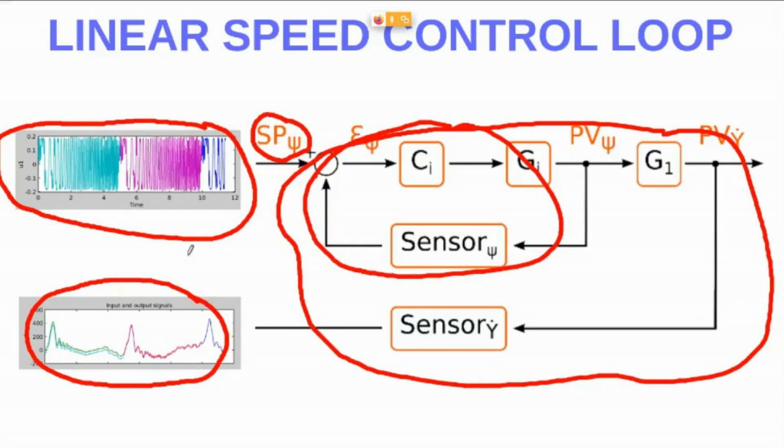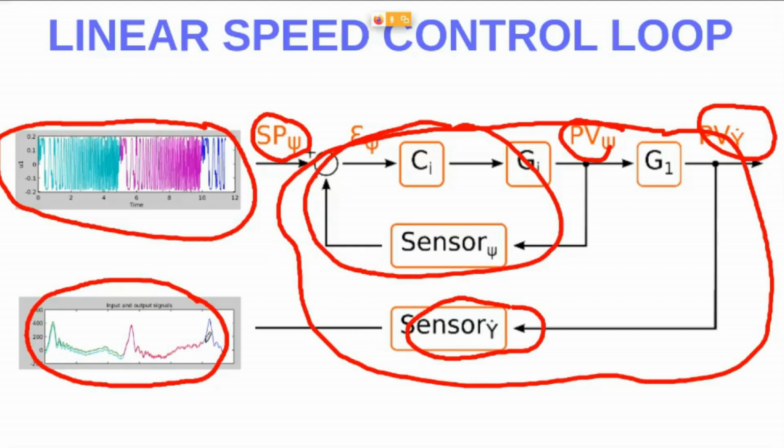So if we try to model mathematically the relationship between this signal and this signal, we will have the model of the inner loop and the relationship between the angle and the linear speed, and also the sensor. That's the idea of today's lecture. And we will do this as a homework for all the angles and speeds of our aircraft.